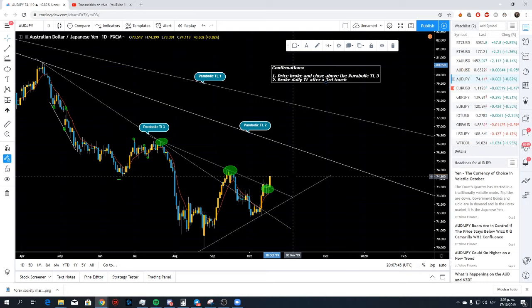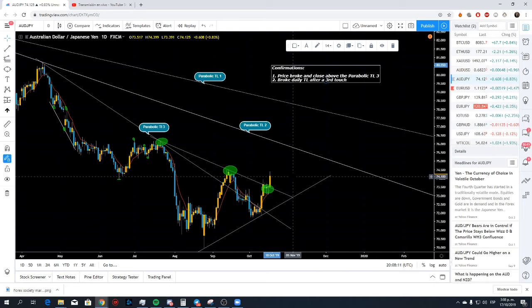The first touch, you can break that brick. The second touch, you can break that brick. After the third touch, fourth touch, fifth touch, there will be a higher chance of breaking that brick, right?